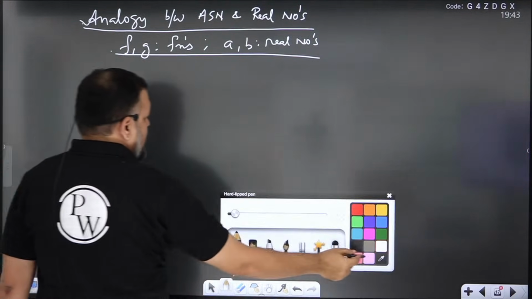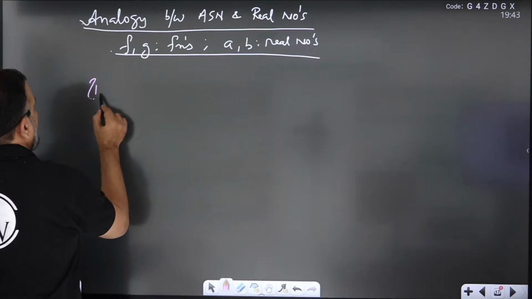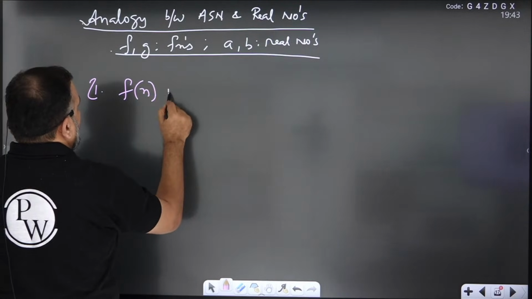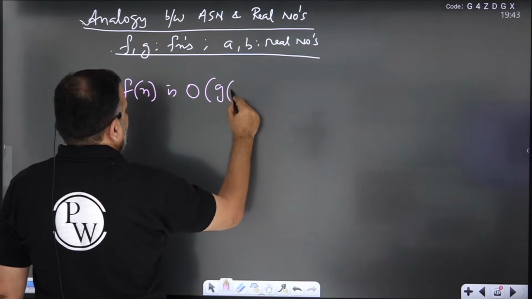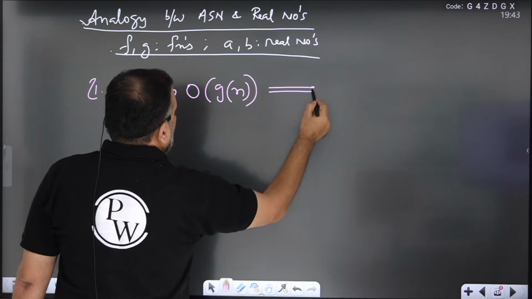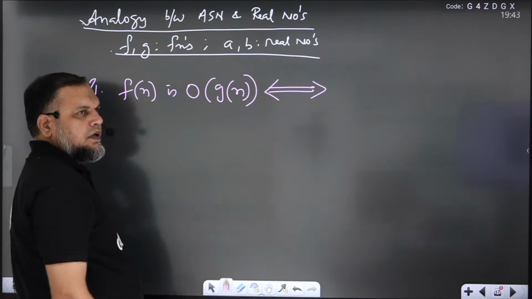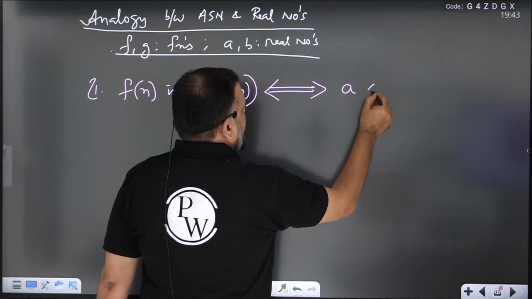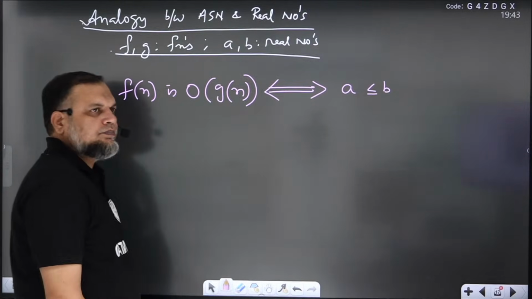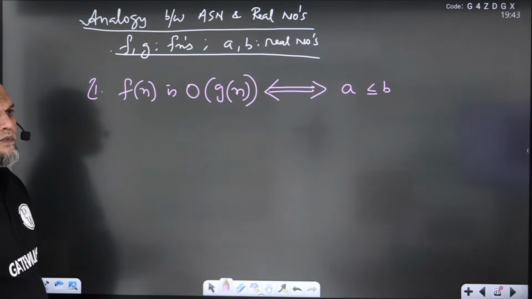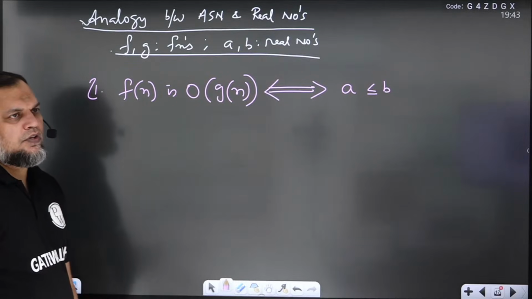Then what is the analogy between them? The first analogy: when I say f of n is order of g of n, it is as good as saying that a is less than or equal to b.